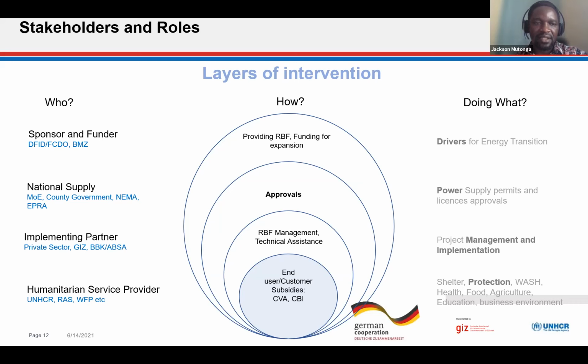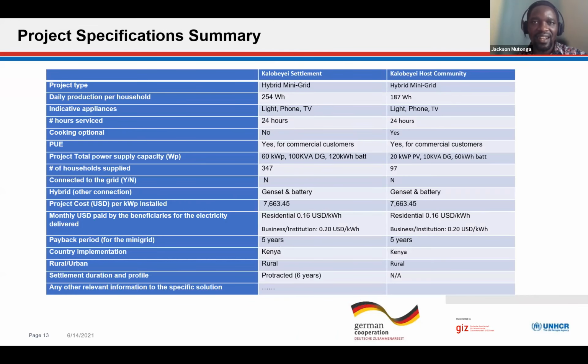These are very important institutions who support the refugees to make sure that they are also able to afford the services of electricity, because it was a business model where the refugees, as well as the host communities, would pay for the electricity services. They were not provided for free.